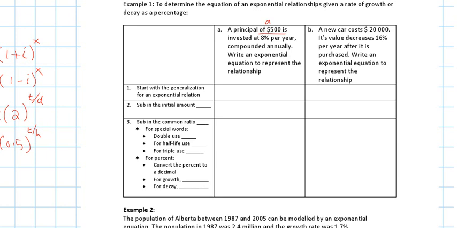Is this a growth or decay? Growth, right? So since it's at rate, that means I have to use the 1 plus i formula, right? So you're going to start with writing your generalized formula, which is y equals a (1 plus i) to the power of x.